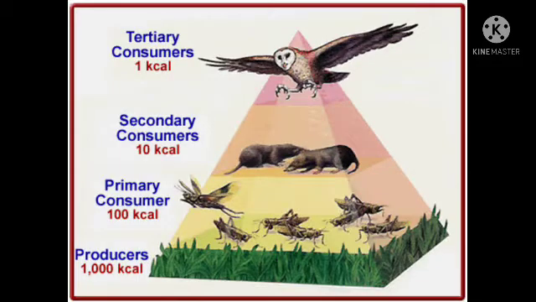The first trophic level consists of producers. The second consists of primary consumers. The third, secondary consumers. The fourth trophic level consists of tertiary consumers. Since the transfer of food energy decreases at each trophic level, the number of trophic levels is limited and does not exceed 4 or 5.